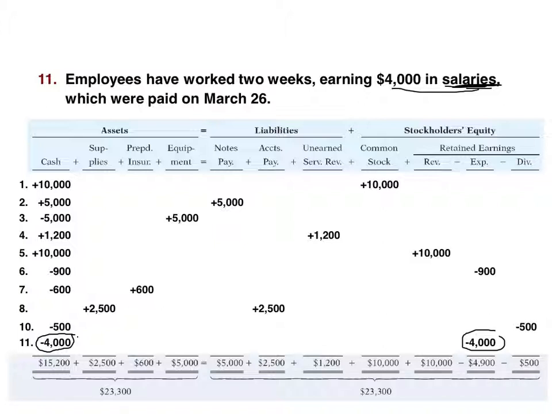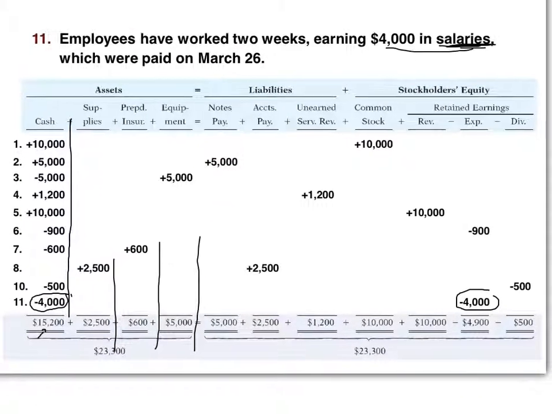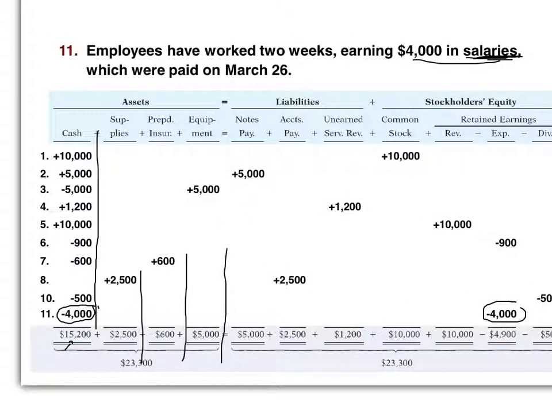Now we've completed them all. So here we have the asset cash. It increased 10, 5, went down 5, up 12, up 10, down 9, down 6, down 5, down 4. The balance is $15,200. Supplies, $2,500. Prepaid insurance, equipment. Okay, those together equal $23,300.